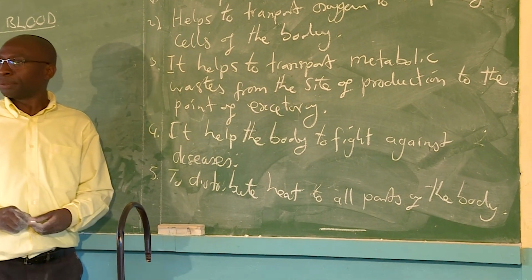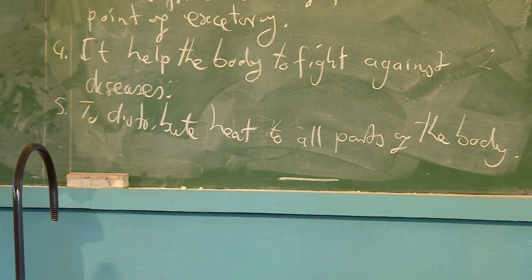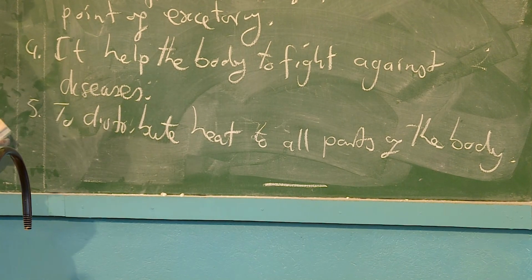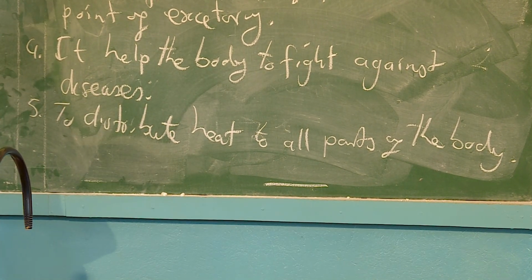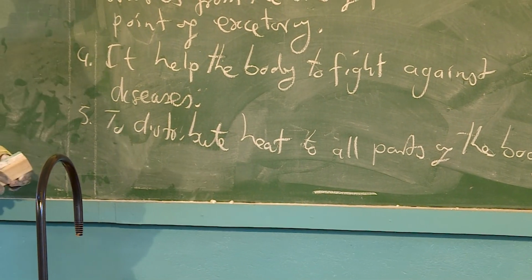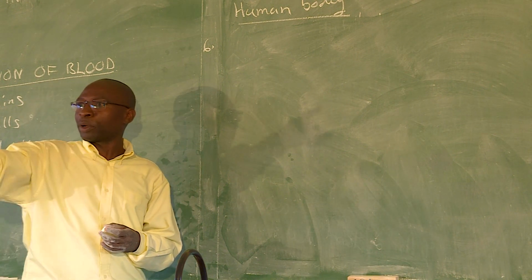We have the other ones. What other one? These are not the only ones. When you look at the importance of the transport system in the human body, the other one is to do what? Yes, Tapiwa?